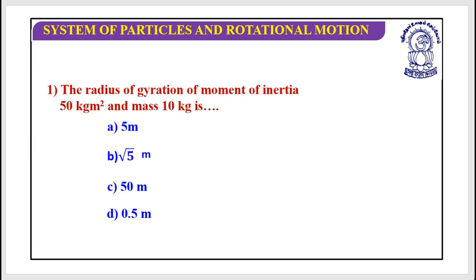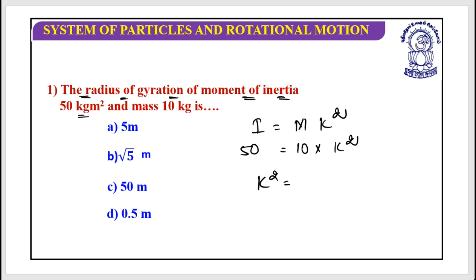It says to find the radius of gyration for moment of inertia 50 kg meter square and mass 10 kg. So I is equal to m into k square. Moment of inertia is 50, mass is 10. This is equal to 10 k square. So k square should be equal to 50 by 10, that is equal to 5.